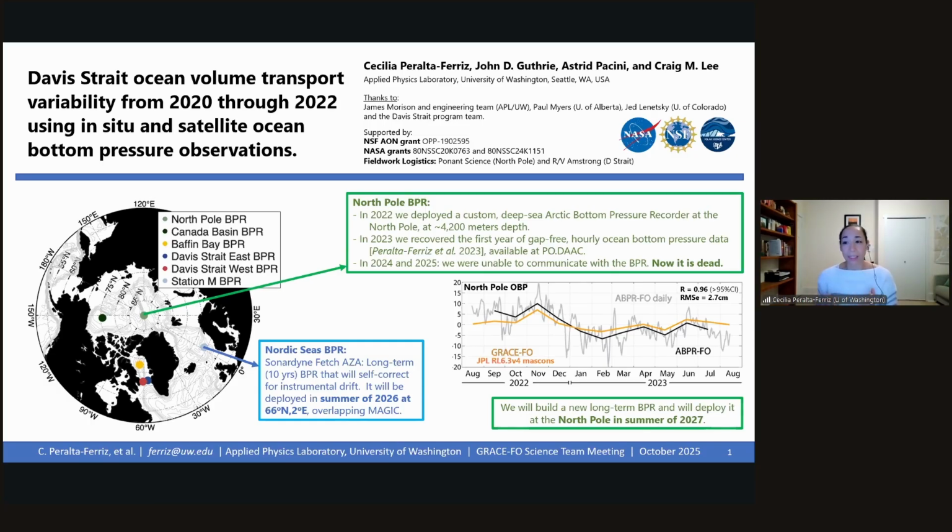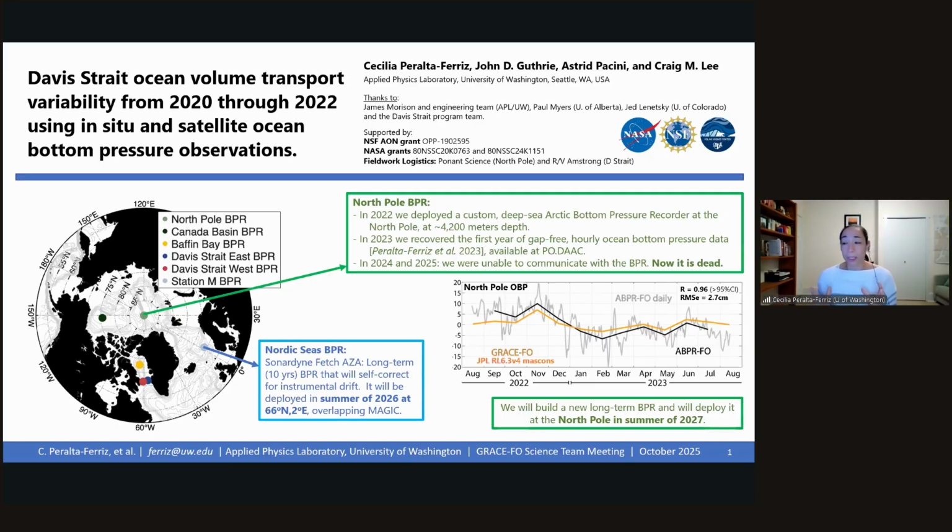We learned a great deal about acoustic communications under the big ship that we were operating from and that we will continue to be operating with. And we are happy to say that, even though the acoustic communications were not the issue for this instrument, we will be able to build a new long-term BPR, or hopefully long-term this time, and we will deploy it at the North Pole in the summer of 2027.